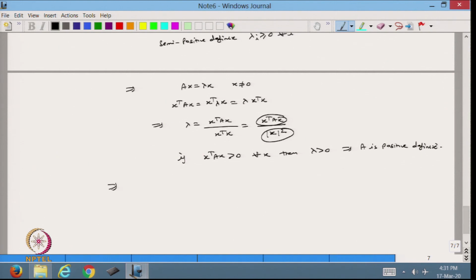The other way to find out whether A is positive definite is to check that all the pivots are positive. So, what are the pivots? Like I have a matrix A, and suppose I take the matrix maybe 3, 2, 2, 1.